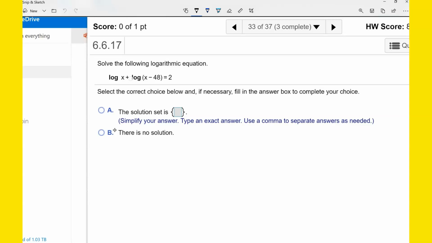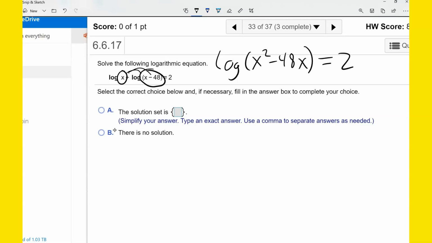These 2 logs are added, so I condense them by multiplying their logarands. So it's condensing into a single log, and now I'm multiplying the x with the x minus 48, and so that's going to have to distribute and become x squared minus 48x, and that still equals 2.